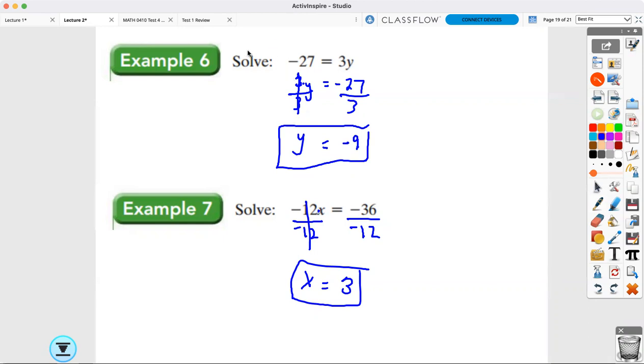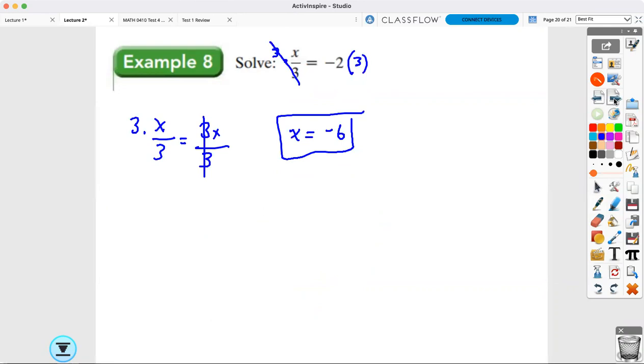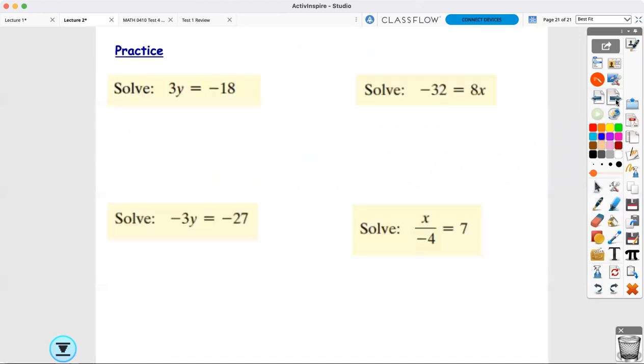Okay, thank you. Awesome. And then example 8, would anyone need more time to get example 8 down? Anyone need more time? Okay, excellent.